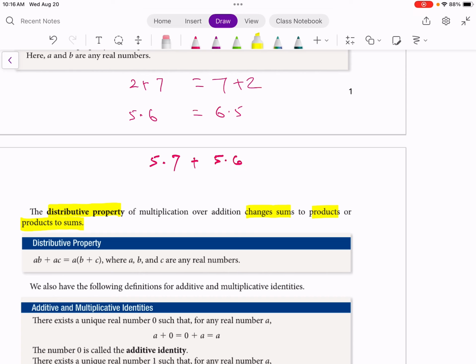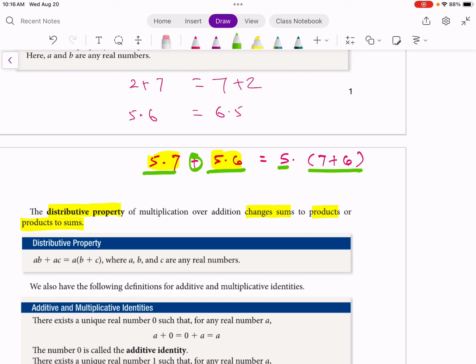So we have a sum of 5 times 7 and 5 times 6, and this can be written in product form. How do we write this in product form? We have a 5 common here, so we can write this as 5 times (7 plus 6). We had a sum of two numbers, and we ended up writing a product of two numbers, and this is our distributive property.